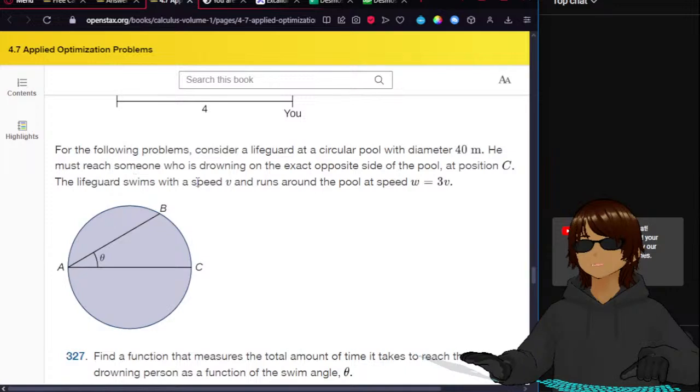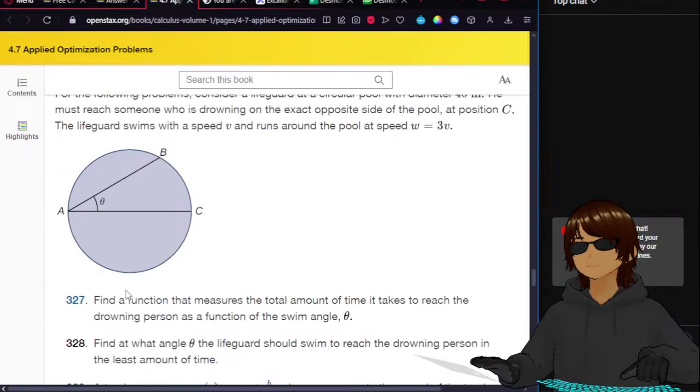He must reach someone who is drowning on the exact opposite side of the pool at position C. A lifeguard swims with a speed v and runs around the pool at speed w equal to 3v. Find the function that measures the total amount of time it takes to reach the drowning person as a function of the swim angle theta.